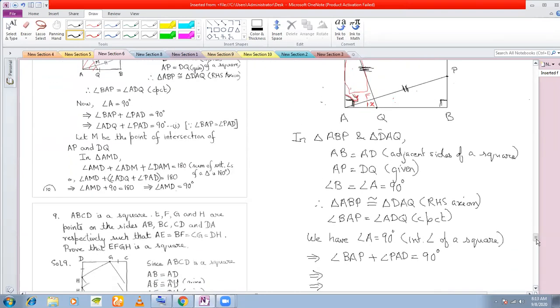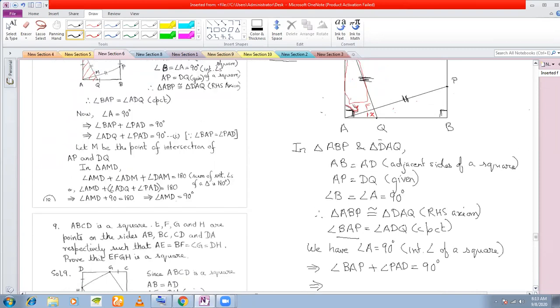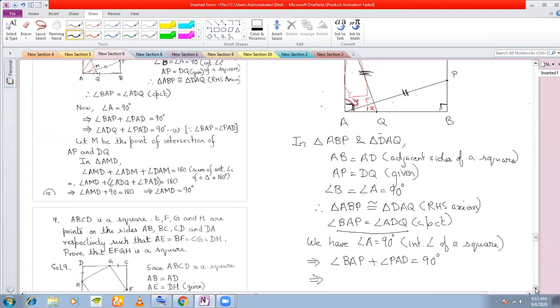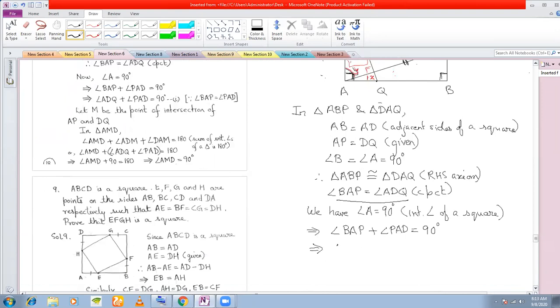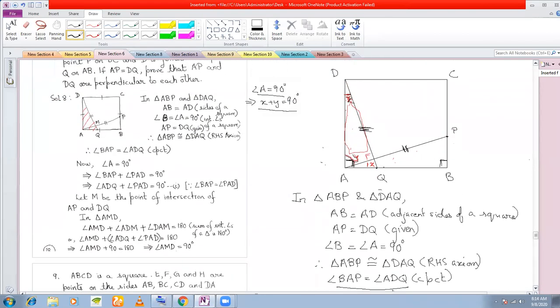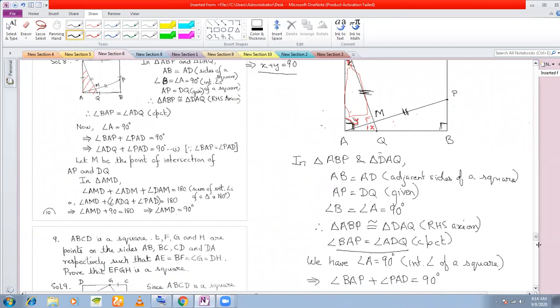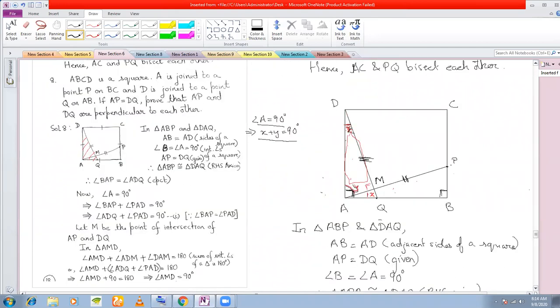Now BAP is the same as angle ADQ, which I have shown by CPCT. So I can replace this BAP by angle ADQ, plus angle PAD. If I call the point of intersection M, then angle PAD I can also write as angle DAM. It's just relabeling of the angles.